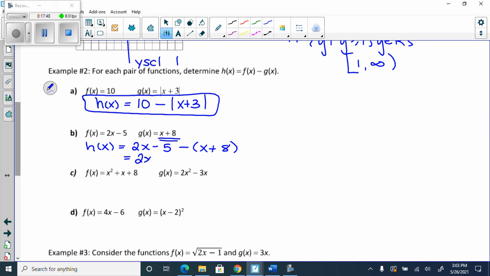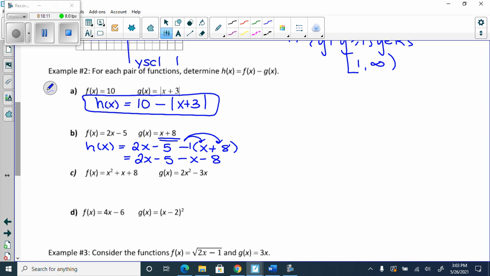So we're going to get 2x minus 5, and then this is the same as having a negative 1 in front, which changes our signs. If you don't show the first step, but you remember to distribute the minus sign through, that's fine. But a lot of people who skip that first step don't put the negative sign through, and will only subtract the x and not the 8.